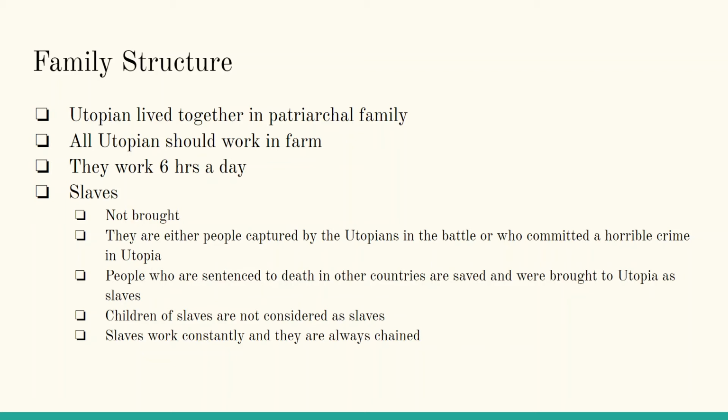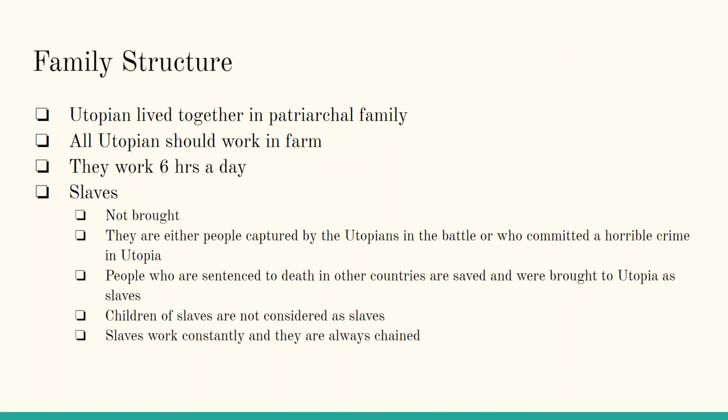If anyone commits a horrible crime in Utopia, they are caught and made slaves. The Utopians rarely go to battle. They always want peace. And if they go to battle and capture some people, those people are considered slaves.